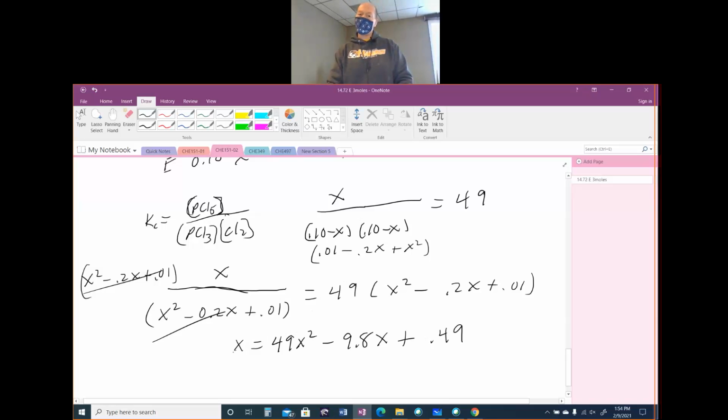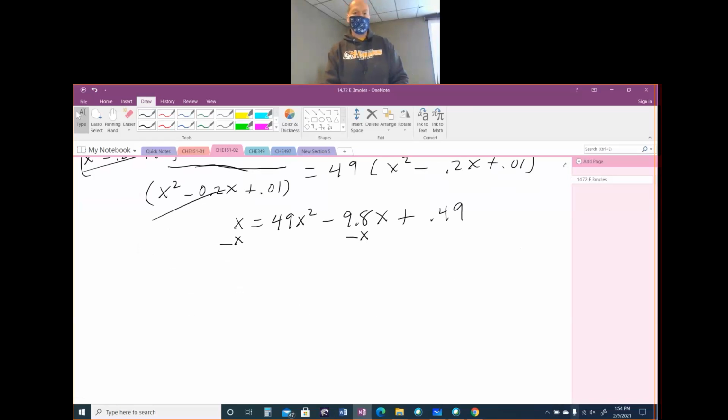So in order for this to be 0, we have to subtract x from this side. We have to then, of course, do the same thing to both sides. And so you have your 49x squared minus 10.8x, negative 9.8 minus x, negative 10.8x, plus 0.49 is equal to 0.